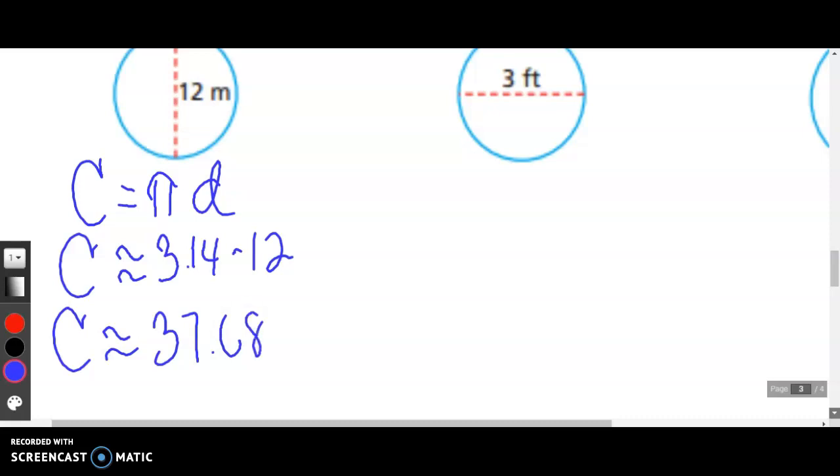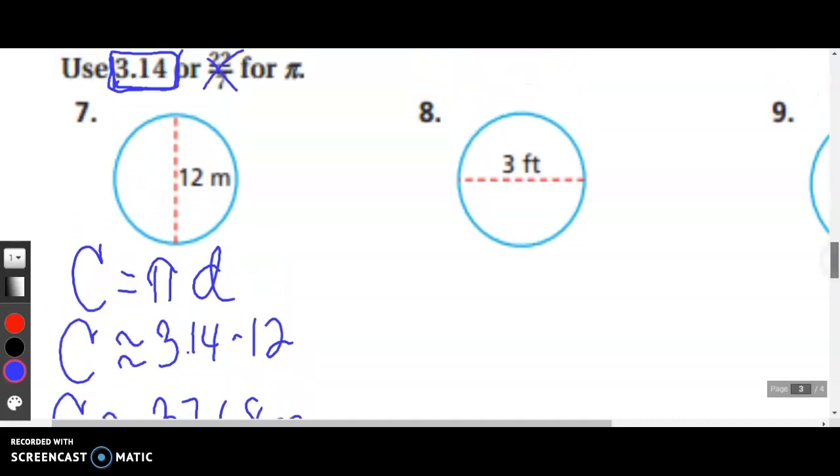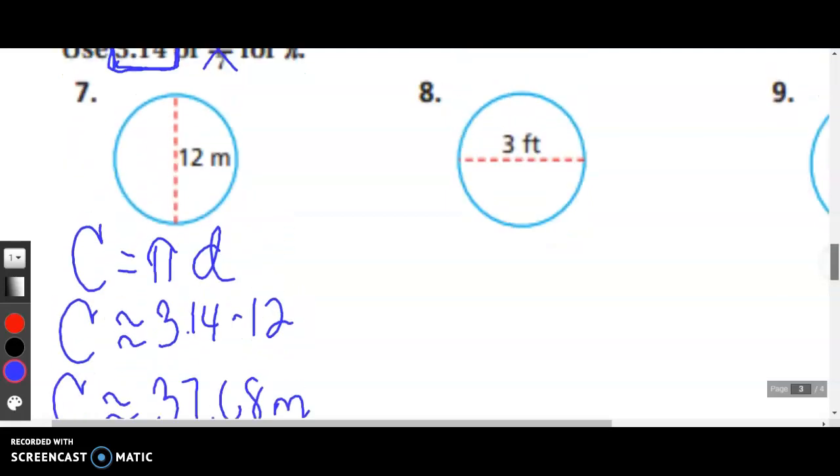And the label is meters, because remember, if we're doing perimeter, we're going to do just units, because it's an actual distance that we're doing. So don't forget your label, okay? All right. Number 2, the next one. Again, we are given diameter. So we're going to use C equals pi d.